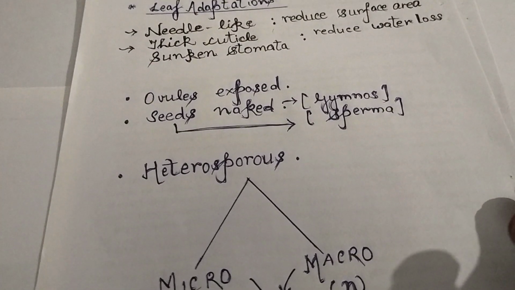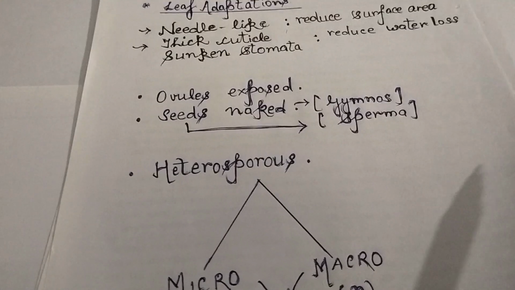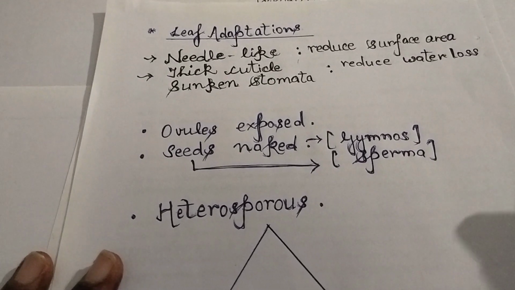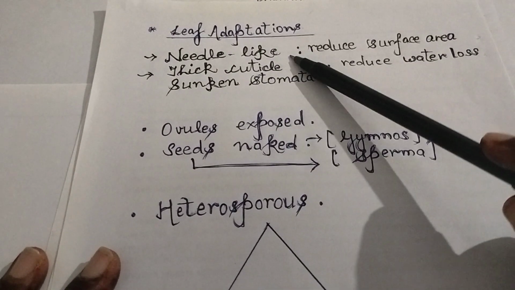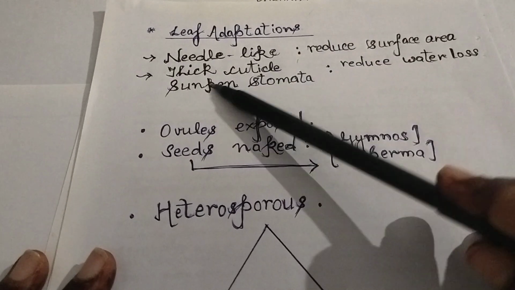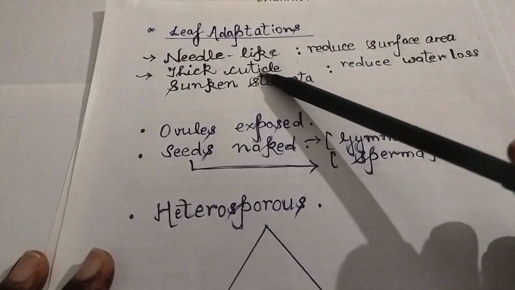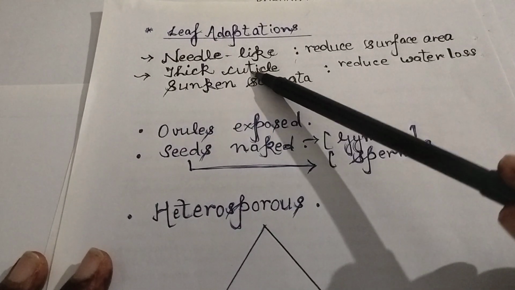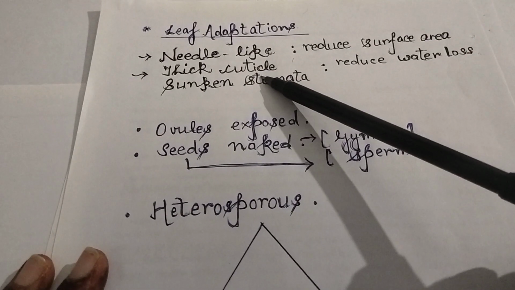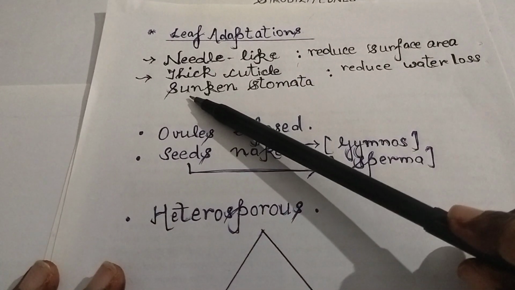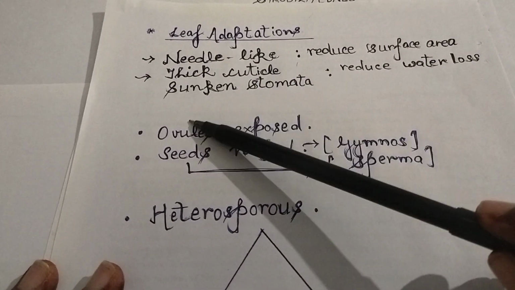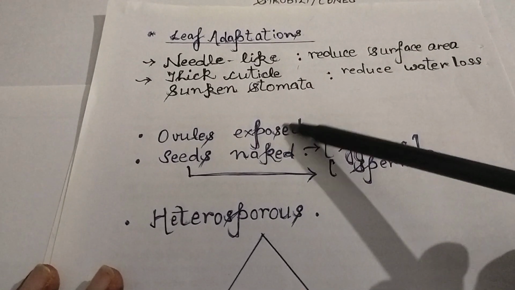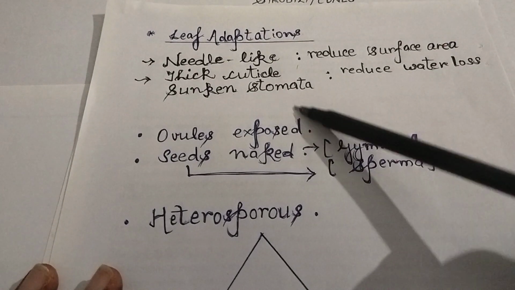See here, there are some leaf adaptations. Remember them, they are often asked in exam questions. So what are the various leaf adaptations in gymnosperms? Firstly, some of them are needle-like, which reduces the surface area, and the leaf has a thick cuticle. Cuticle means the outermost covering. The leaves have a thick cuticle and sunken stomata. Stomata, you all know, are the structures present in the leaves for the transfer of gases.